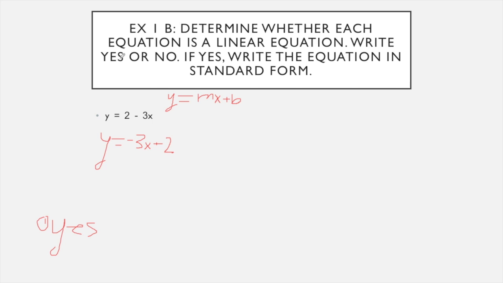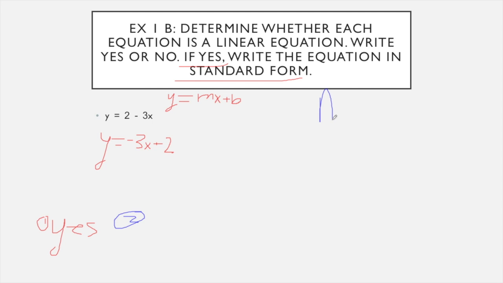Now, if we use our reading comprehension skills, we go back and read the question. It says, if yes, write the equation in standard form. So, the second part I will do in blue. We need to now write this equation in standard form.